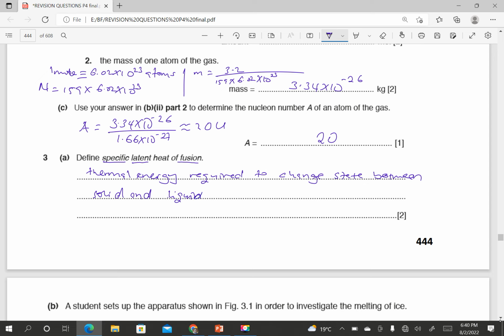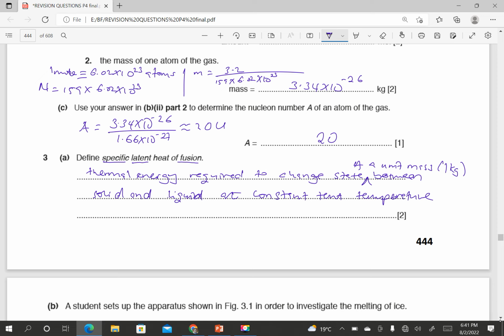Let me add here, thermal energy required to change the state of a unit mass, that is 1 kilogram, between a solid and a liquid at constant temperature. That is without changing temperature. So that is what we call the specific latent heat of fusion.